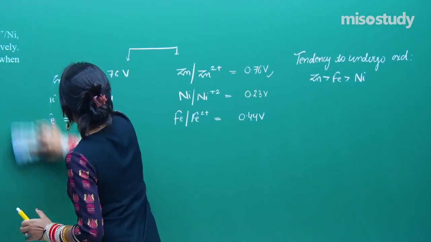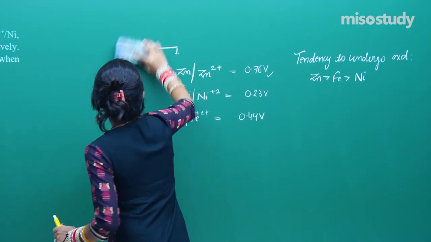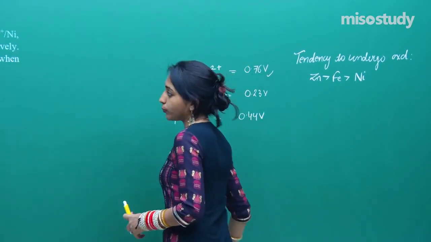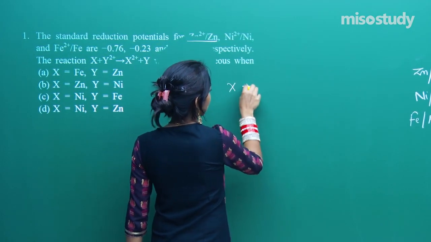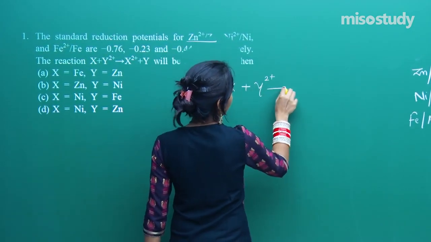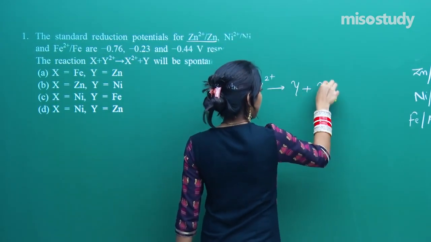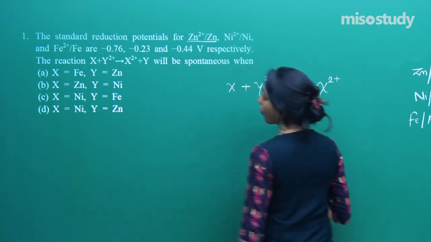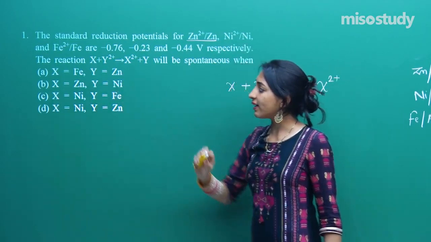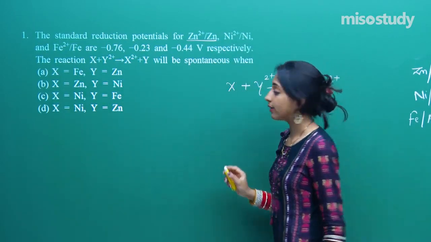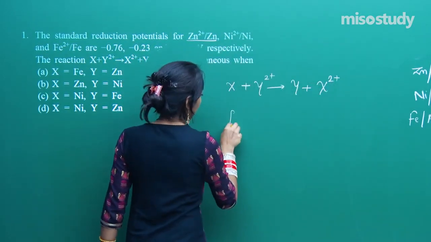So this is not needed. Let us now write the options. It says that if you take the reaction X combining with Y2+ to form Y plus X2+, right? Now let's choose. First, X is iron and Y is zinc.